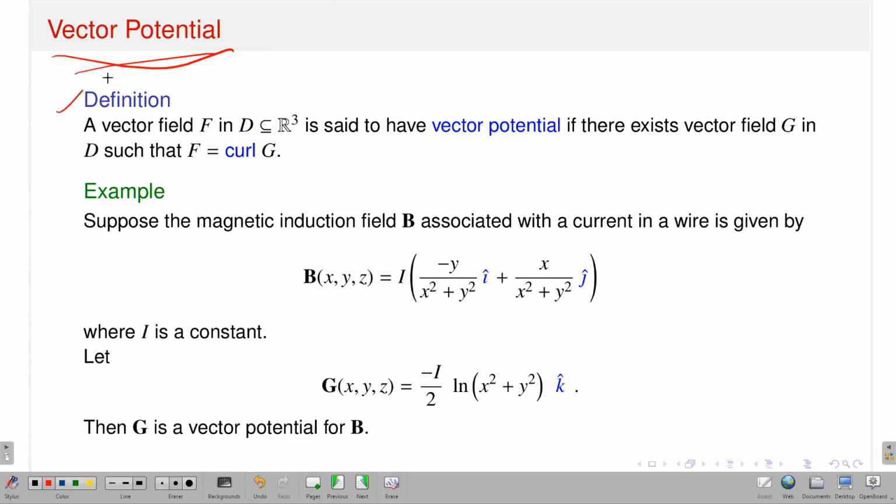What is the definition? Again I am in 3-dimensional Euclidean space.